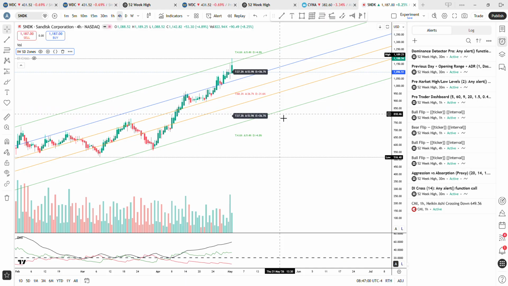Most of us talk about point of control from a volume standpoint, and price does react when it reaches those points of control from a volume level. But I was trying to go one step forward. Volume-based POC is, of course, fine. That I also do. But what is the point of control from a standard deviation standpoint?